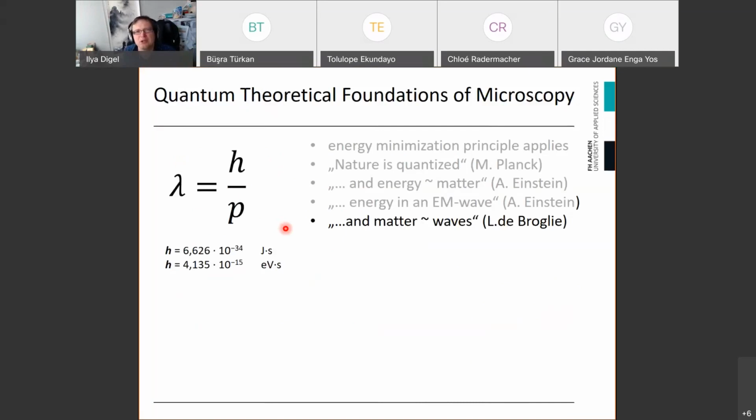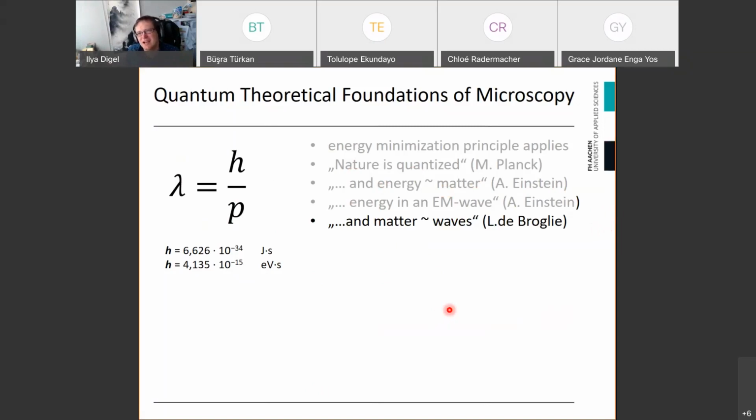As you know, there were many people who paved the way for quantum physical understanding of the world. Among them were such people as Max Planck, who actually said that nature is quantized, energy is quantized. Albert Einstein, who said that energy and matter are in fact very much connected to each other, so we can always consider matter as a form of energy and vice versa.